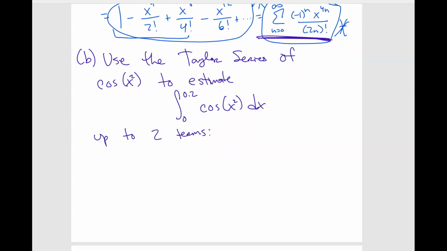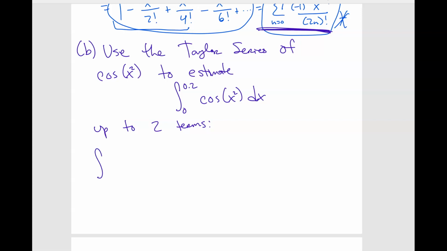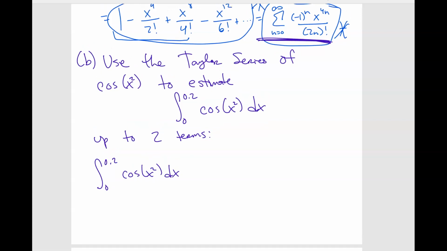Okay. Now notice that this integral from 0 to 0.2 of cosine of x squared, you can't solve it using any methods. Not substitution, not integration by parts, nothing. You have to either use some sort of trapezoid rule, Simpson's rule, or something. So what we're going to do, we're going to use Taylor series. And this is how we're going to do it.